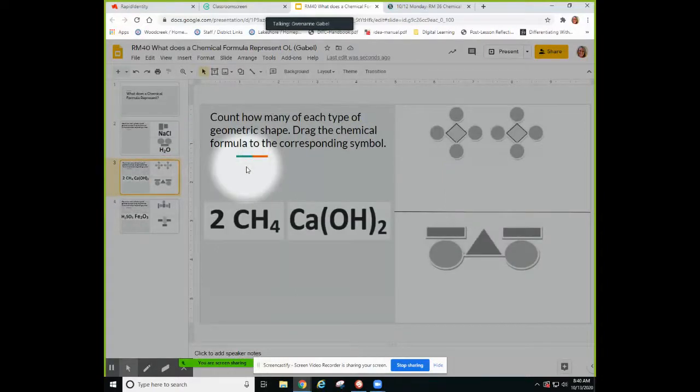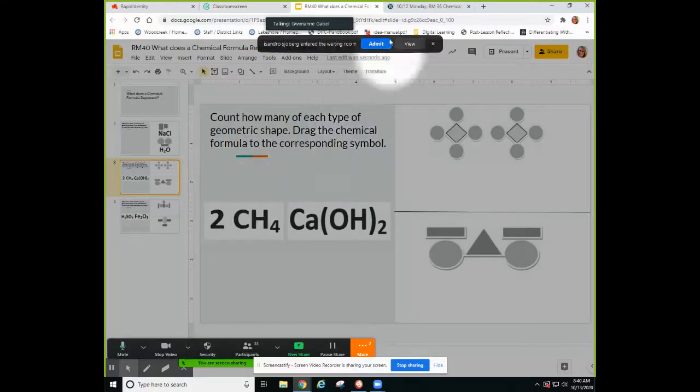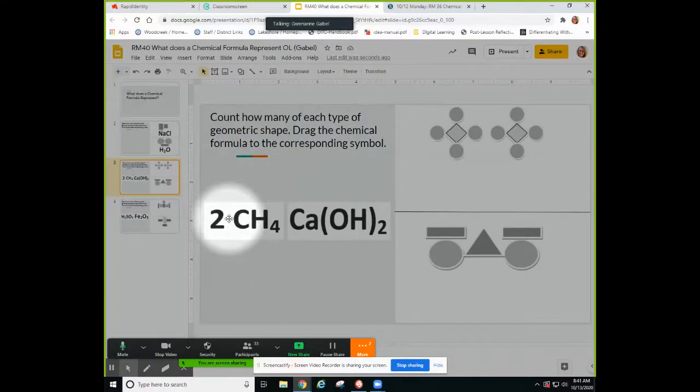So we're going to be doing the same thing. What I want to do first is count the number of elements and atoms for this compound. So I'm going to write it down and let me switch screens. 2CH4 and the other compound is CaOH2.